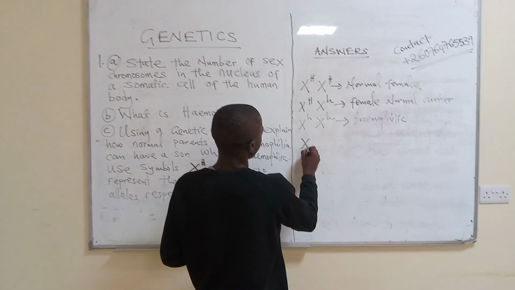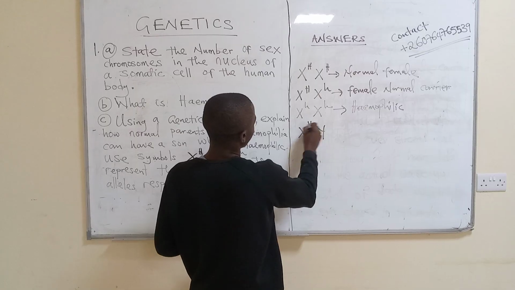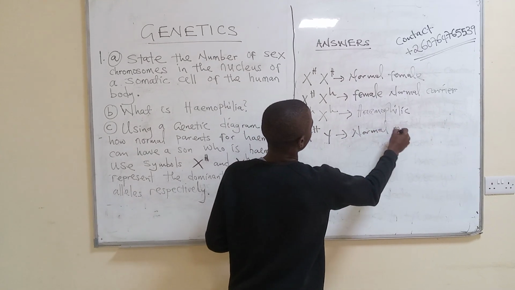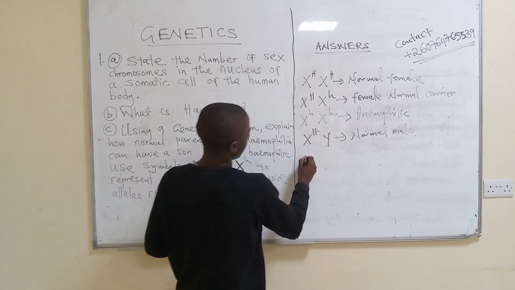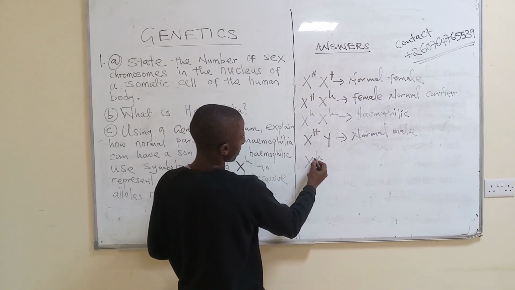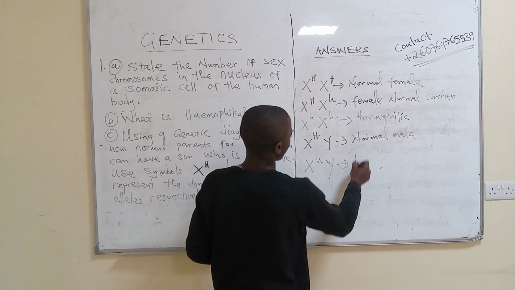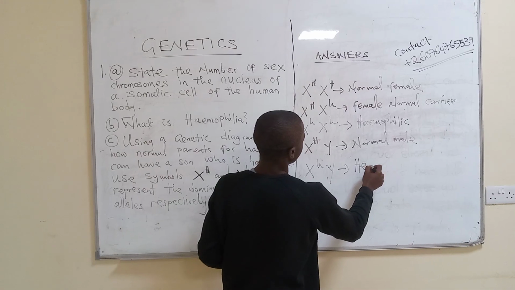And when I have X capital H Y, this is the normal male. And X small h Y, this is the hemophilic male.